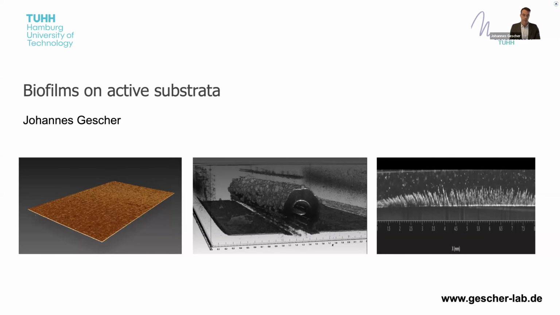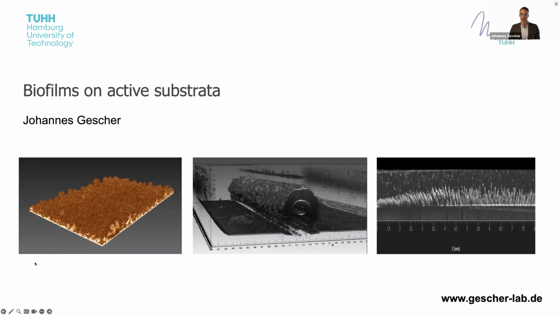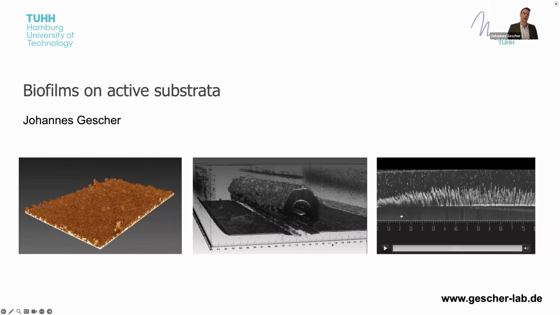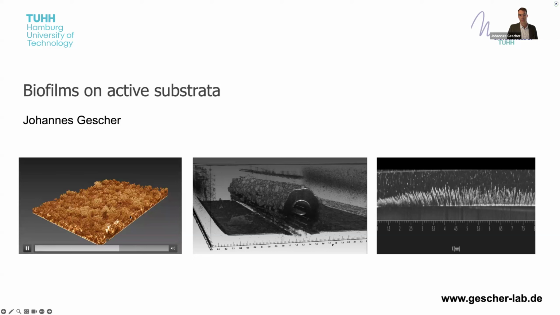I will also explain the term active substrata and what this means. What you see on the first slide are three examples of active substrata, which I will cover in the upcoming slides. These are biofilms that grow on surfaces, so it's bacteria that grow on surfaces.